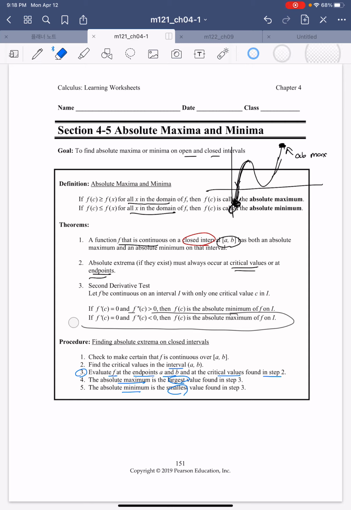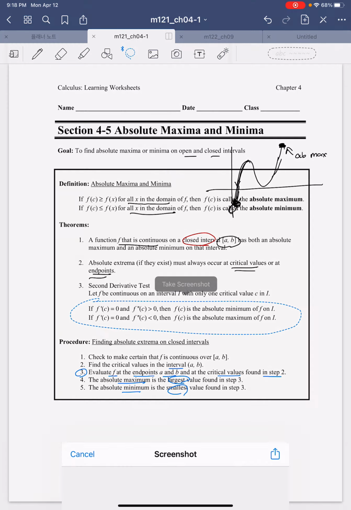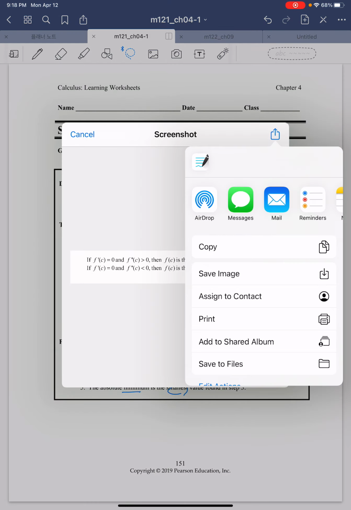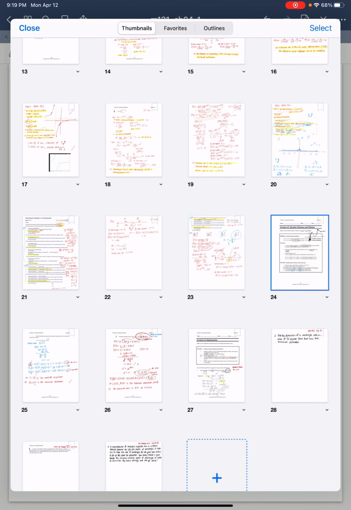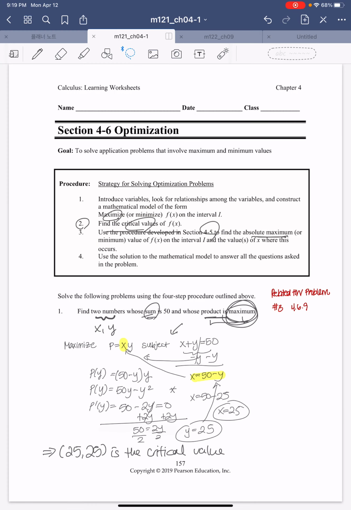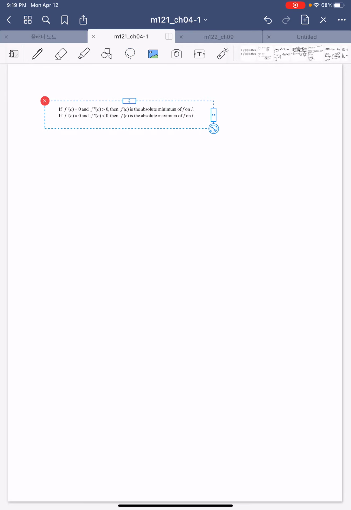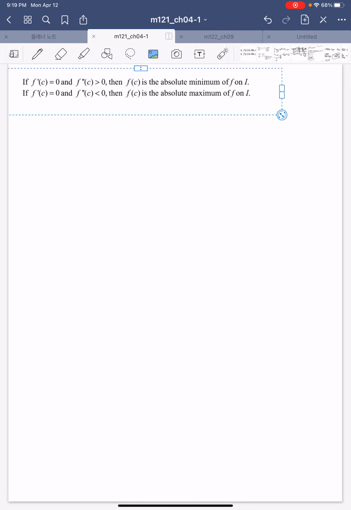So I'm going to take a quick screenshot. And then let's go back, and then let's add a page. Okay, so this is what we are checking.